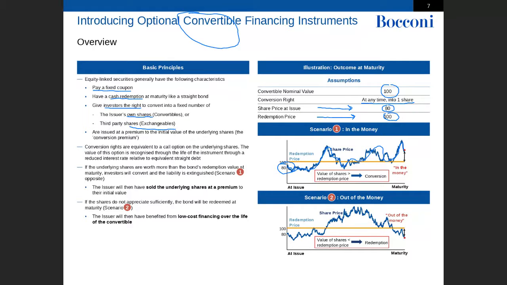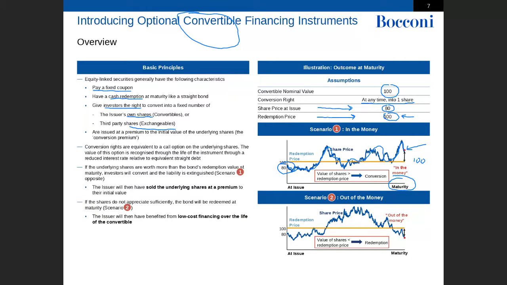And at maturity, if it is above 100, the bondholder has the incentive, is rational, to be inclined to convert the convertible bond, because he has the possibility to convert the shares at 100, which is the price where you issue the shares, knowing that those shares are trading in the marketplace north of the strike price.